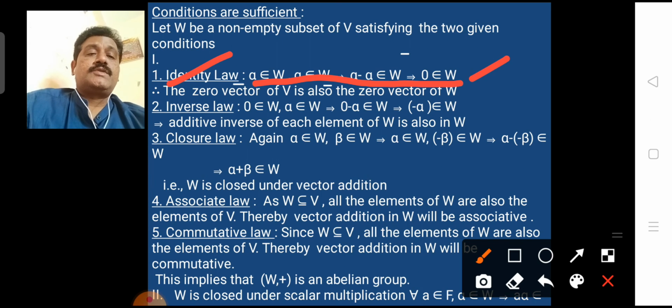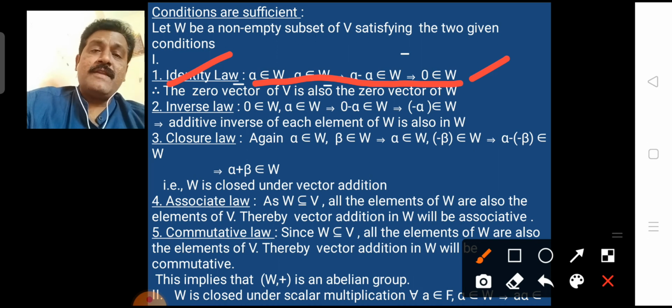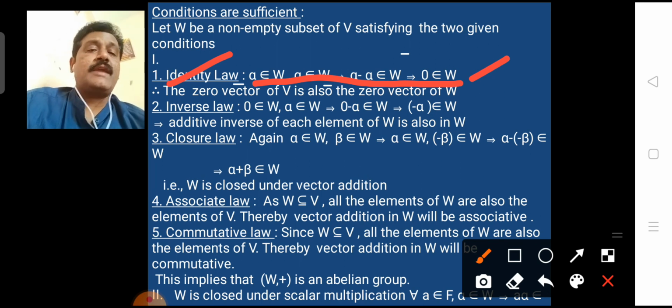So, the 0 bar, that is the 0 vector, is also the 0 vector in W. So, the 0 vector is the identity element in W. So, W has an identity element. And the second one is inverse law.